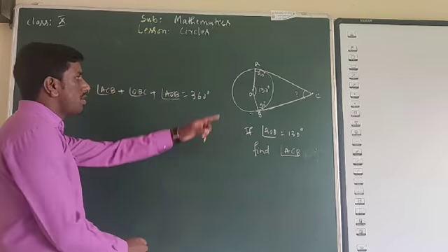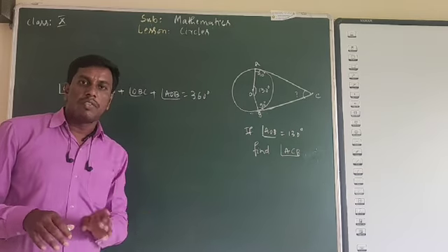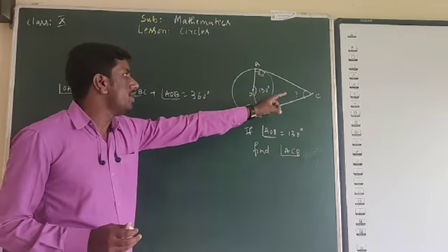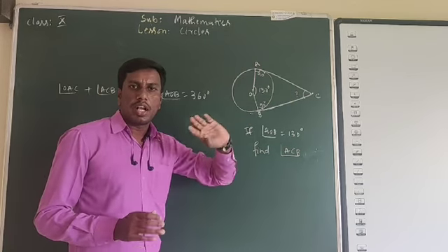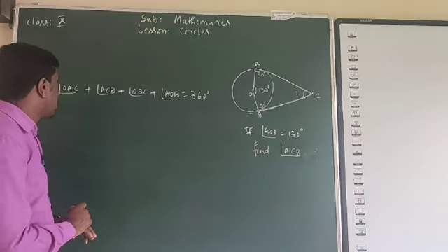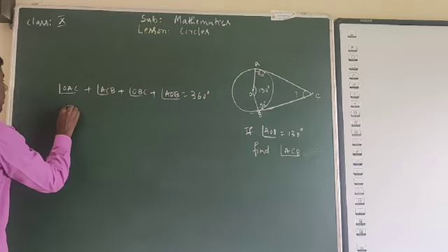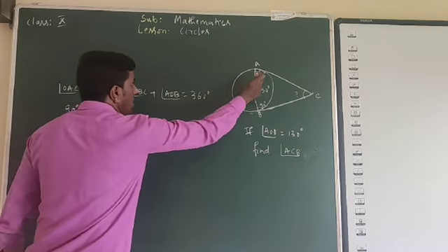We know the property of a quadrilateral: the sum of all the interior angles is 360 degrees, while the sum of all the angles of a triangle is 180 degrees. So this is a quadrilateral, four sides. Angle OAC is 90 degrees.